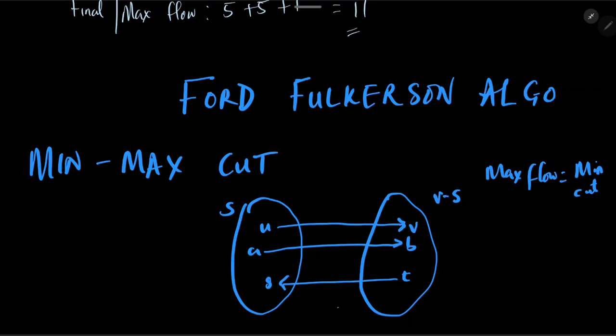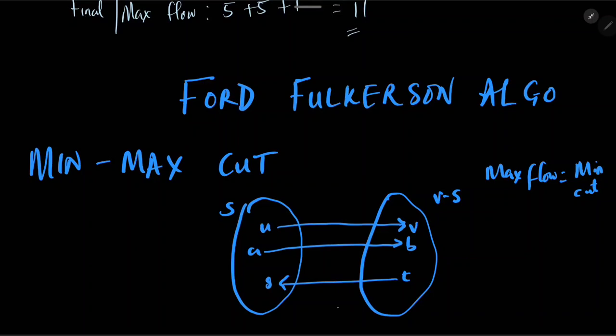Using this to explain the min-max cut, we want to say that for the outward flow, and by outward flow I mean the flow going from source to the sink, from S to T, in the original graph, we have a maximum flow when we have used up all the capacities from the source.